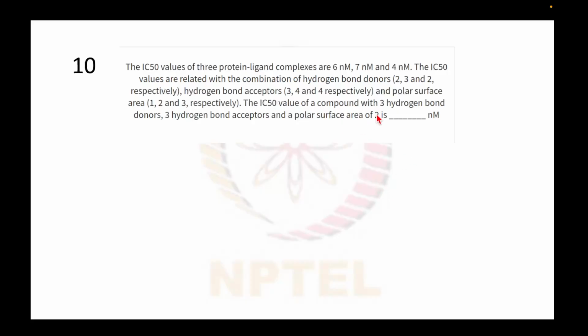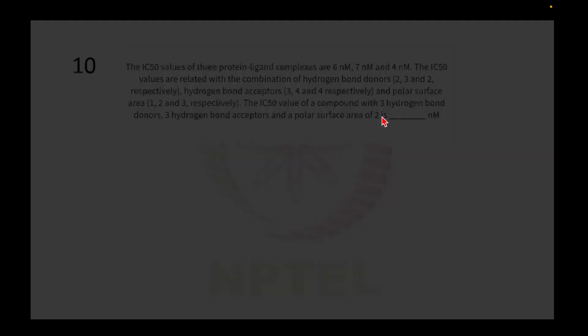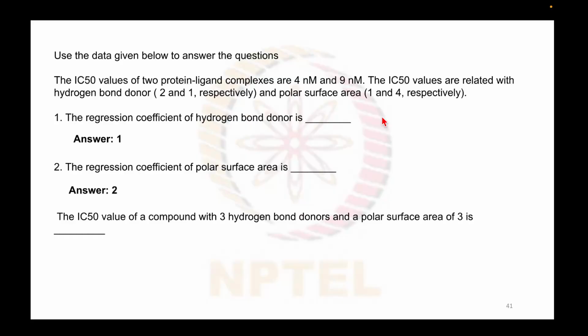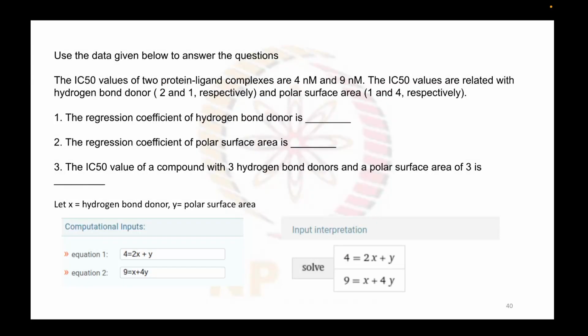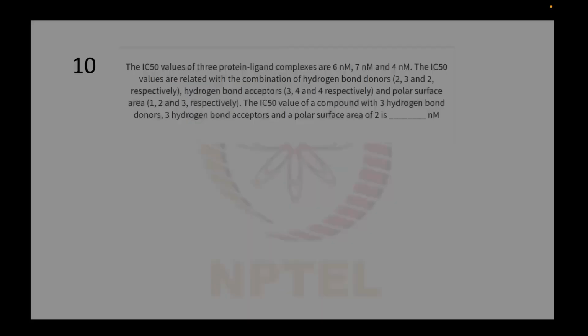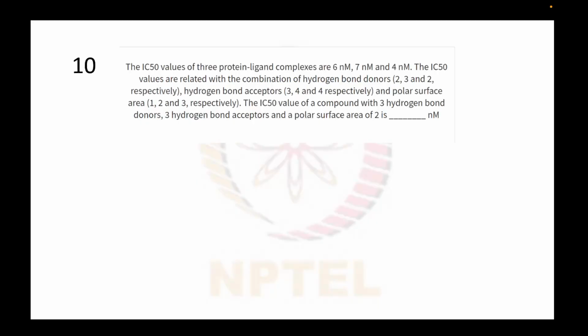So you have 3 equations formed. Using the 3 equations, find the x, y and z values. Once you have x, y and z, the IC50 of a compound with 3 hydrogen bond acceptors, 3 hydrogen bond donors and polar surface area of 2 is to be calculated. Previously we solved 2 equations with 2 variables. Here we will be solving 3 equations with 3 variables.